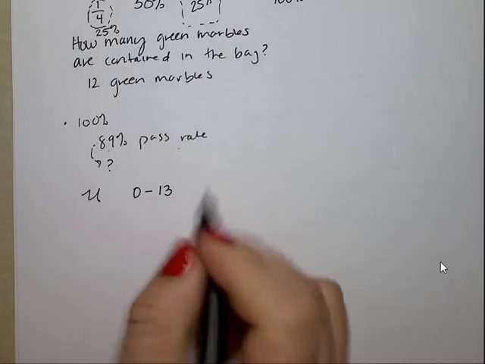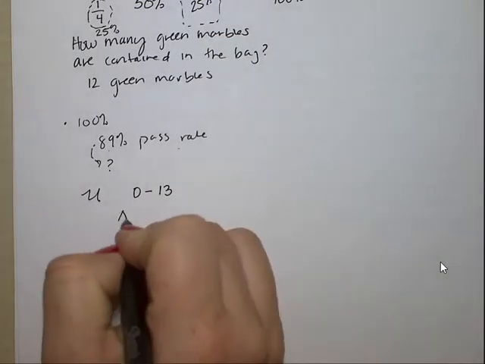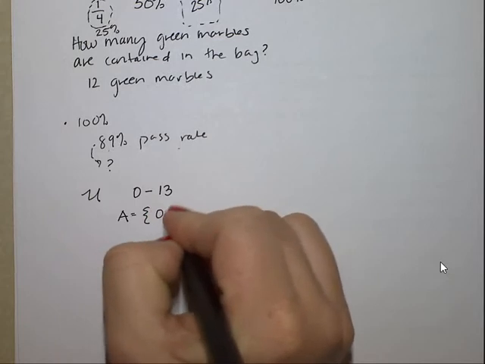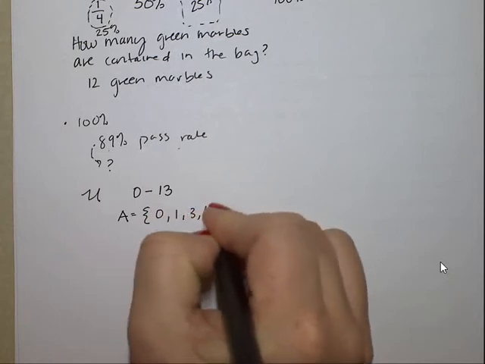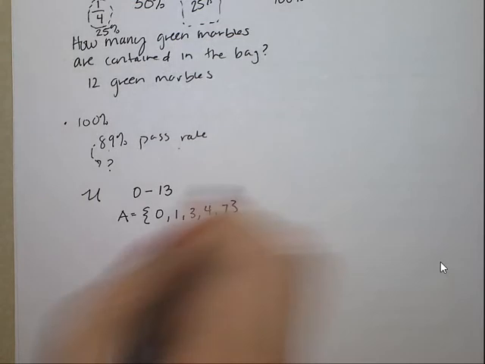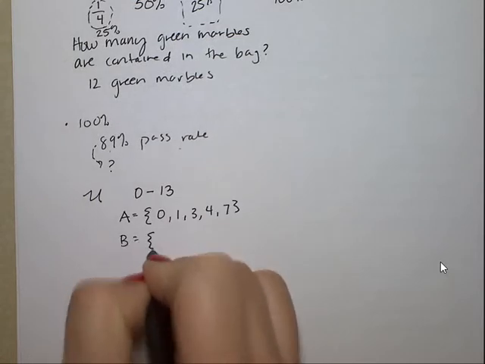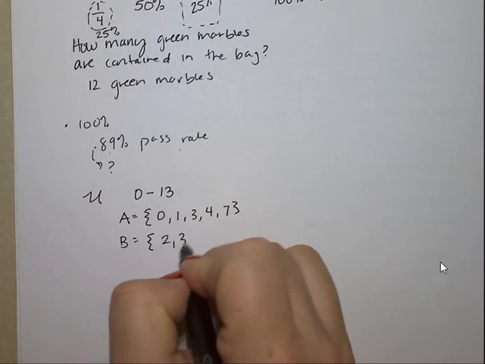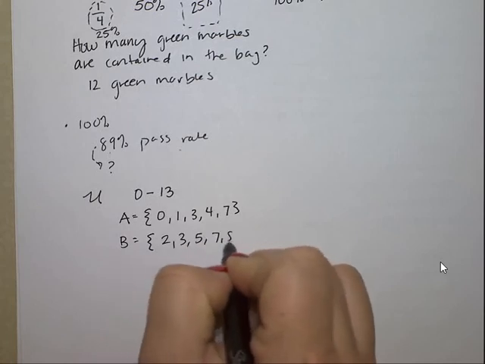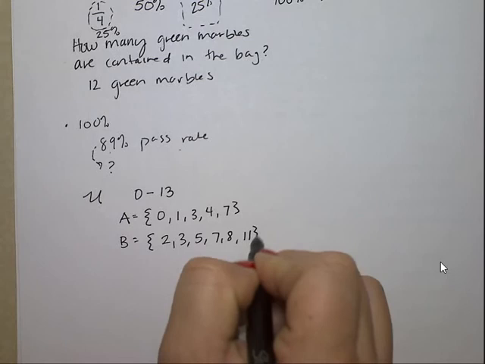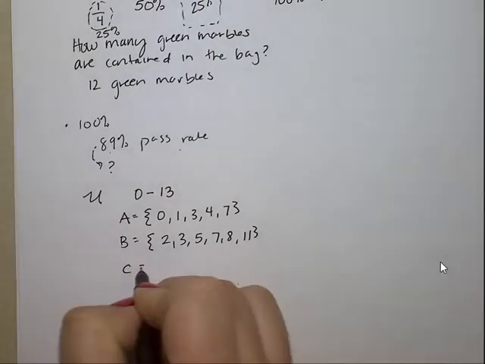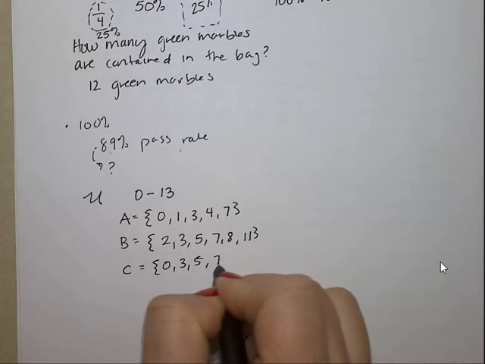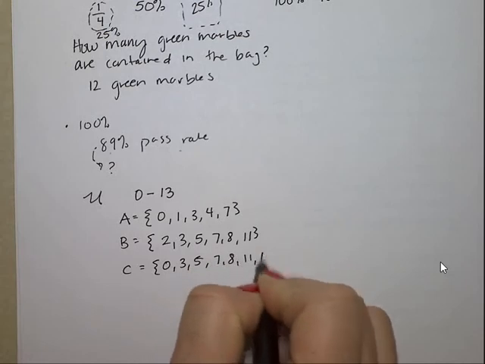Within the universal set, we have set A, which is 0, 1, 3, 4, and 7. Set B is 2, 3, 5, 7, 8, and 11. And set C is 0, 3, 5, 7, 8, 11, and 13.